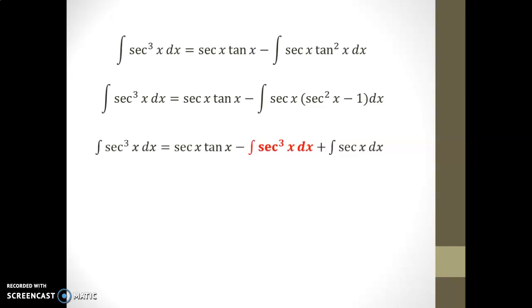Now, what we do notice is that a boomerang effect has taken place, and the integral of secant cube x dx has come back to what it was from the onset.